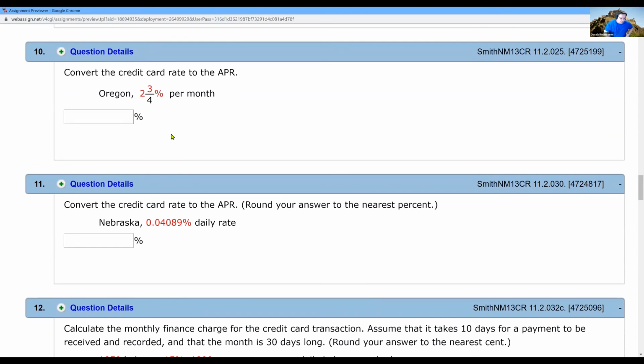Let's try this one. Finally, I get to use my calculator. Convert this credit rate to the annual percentage rate. What do you think you do to find 2 3/4% a month? How do you figure out what that would represent in a year? Just tell me the calculation if you can think what it might be.